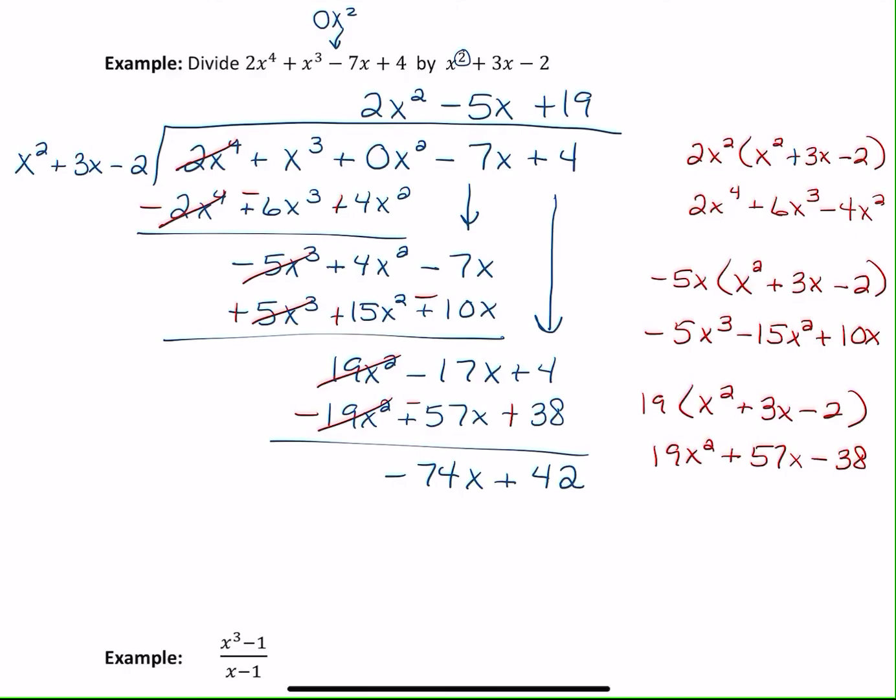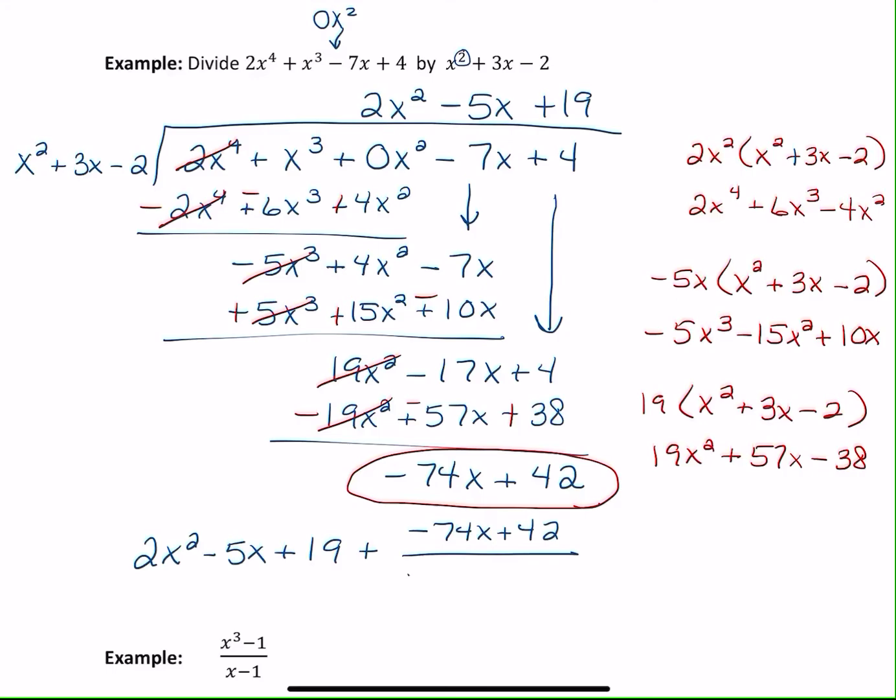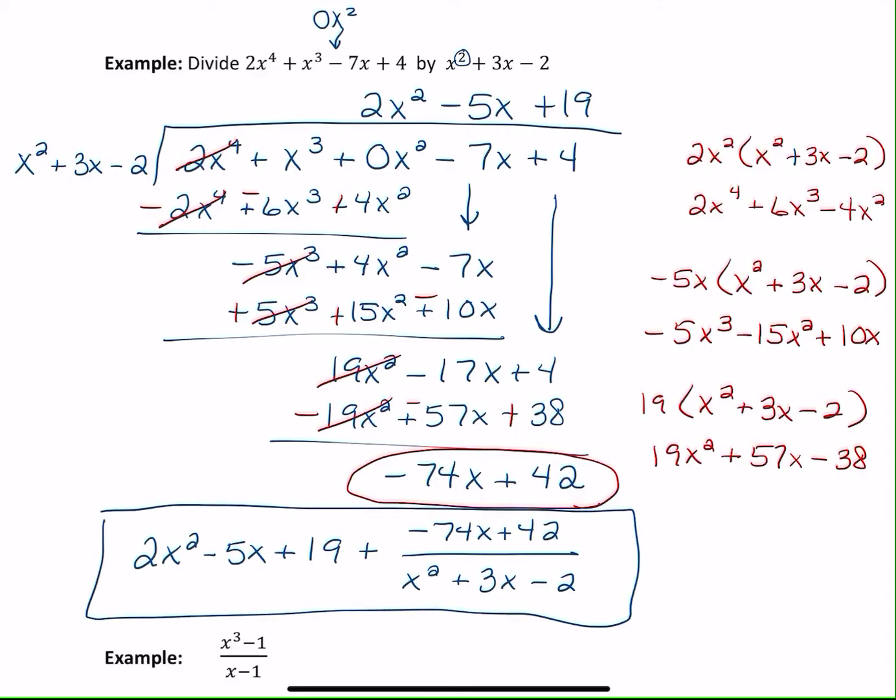Now I can't multiply x squared by anything to get an x, so that means this is my remainder, the negative 74x plus 42. So my final answer is 2x squared minus 5x plus 19 plus a negative 74x plus 42 over x squared plus 3x minus 2. That is your final answer.